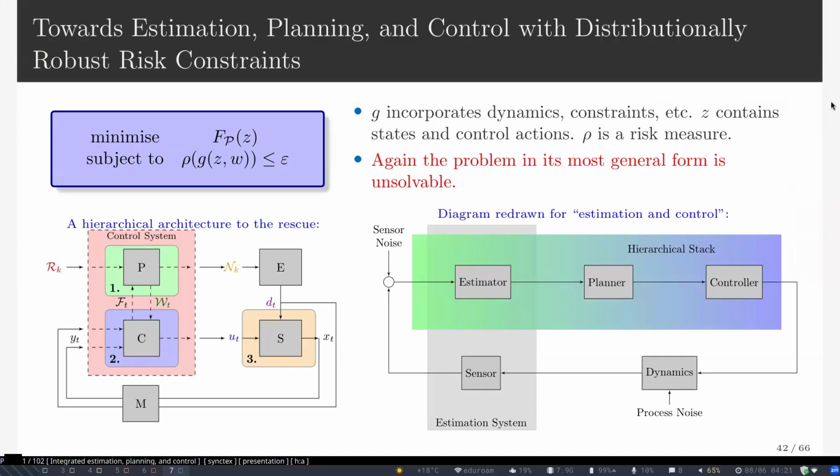So what the problem ends up looking like is we end up minimizing something as a function of that ambiguity set, while ensuring that the risk of violating the constraint is less than some epsilon.